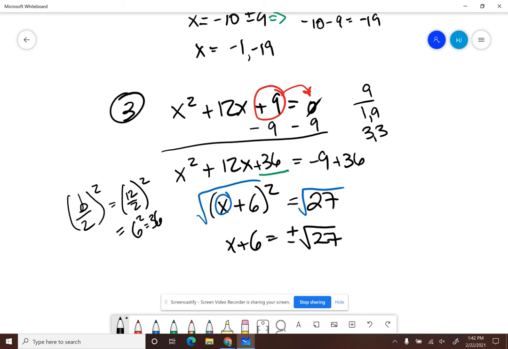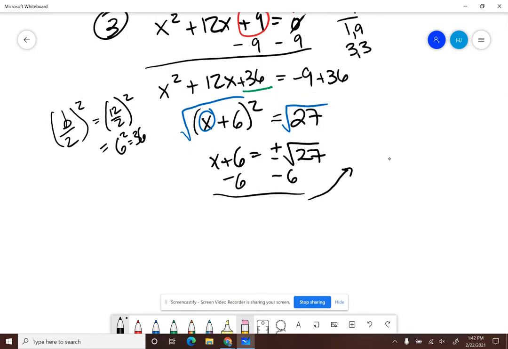Okay? So plus or minus the square root of 27. Now I need to subtract 6 from both sides. I'm going to move my page up. Okay? So that leaves me with x equals, and you can just write it this way, negative 6 plus or minus the square root of 27.